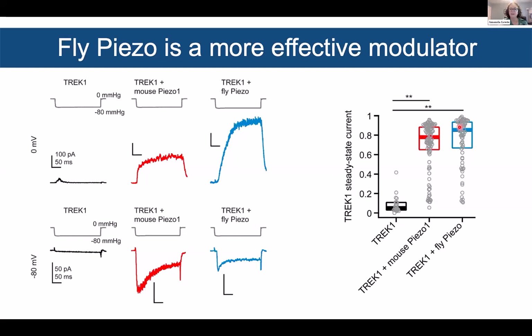So in all, not only does fly piezo retain the ability to potentiate TREC1 despite the reduced current or the reduced number of ions permeating, it actually does a better job. And so this gives us our first hint that rather than permeation, conformational changes in piezo might be the more salient signal sensed by TREC1.